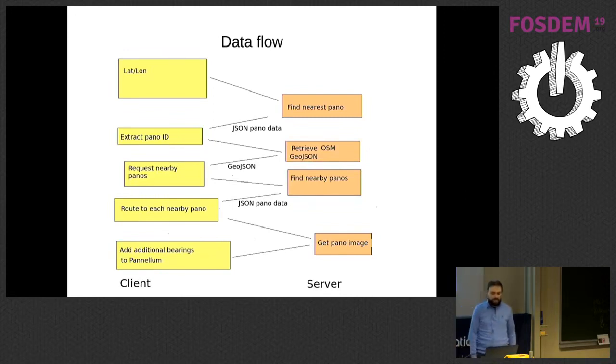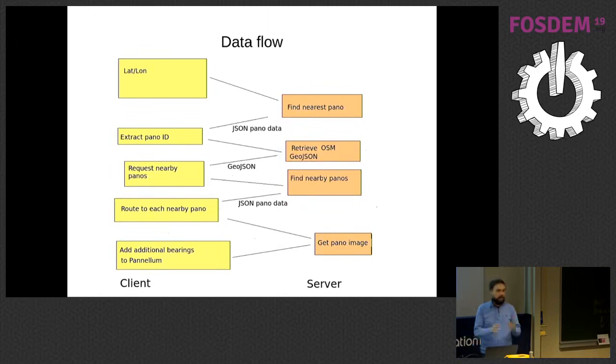We then retrieve the OpenStreetMap GeoJSON corresponding to our lat and lon. Again, that's retrieved as XYZ tiles. It actually uses the same web API as HiCar uses, the one I talked about earlier today.